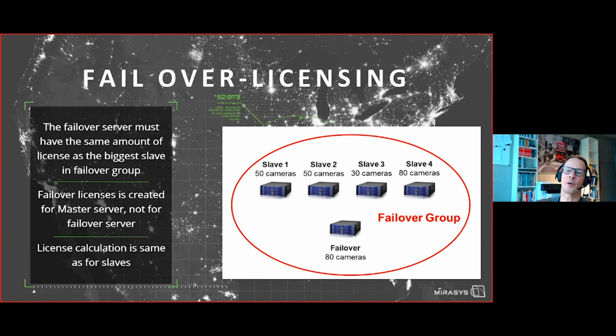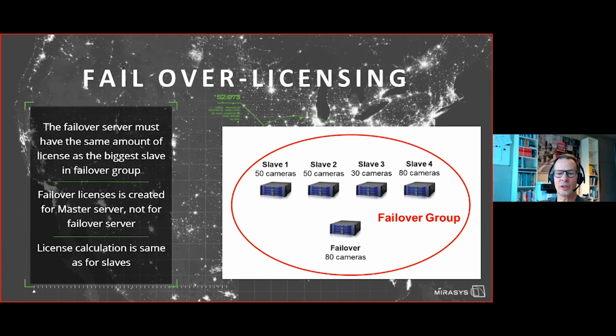But from the sales perspective, it must have the same amount of cameras as the biggest slave. With regards to the pricing, please contact your partner or us, because in that case, we are also rethinking the pricing right now. And when our new price book is coming up, you will see that you have a certain advantage here, price-wise. Okay, I do hope it makes it more clear for the failover scenarios and the licensing.